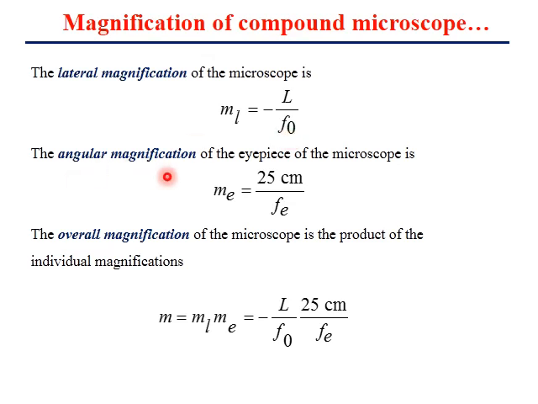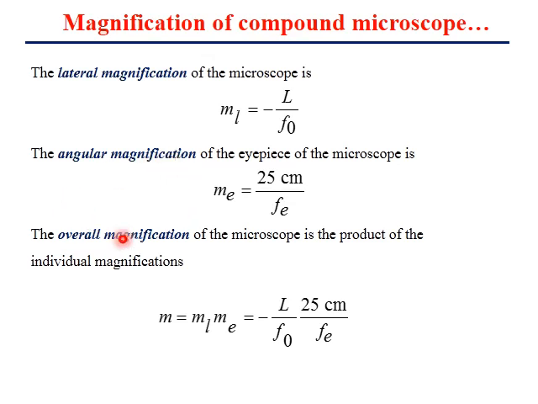Now the angular magnification of the eyepiece of the microscope is given by what? M_e is equal to 25, which is the near point of the normal eye, divided by the focal length of the eyepiece, f_e. Fine. So these two are the lateral magnification and angular magnification.